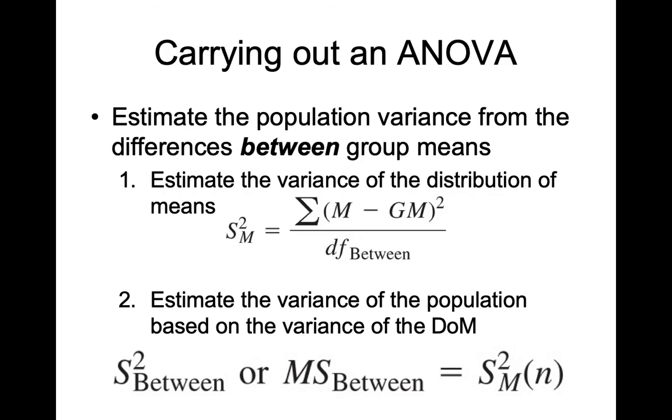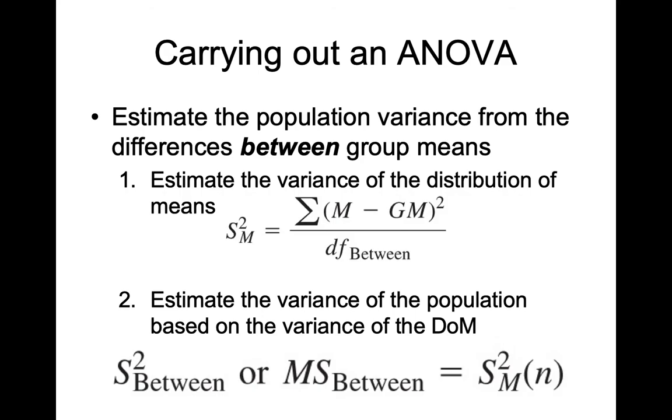What we're then going to do is get an estimate of the population variance based on the variance of the distribution of means. We're going to do that by taking the estimated variance of the distribution of means and multiplying by the sample size. Where this comes from is essentially our rule 2a under the central limit theorem.